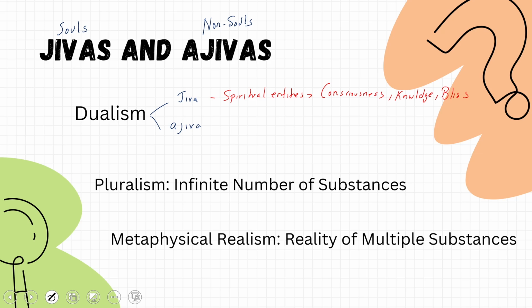An example would be a human being or an animal. Why? Because it is living, it has consciousness, etc.